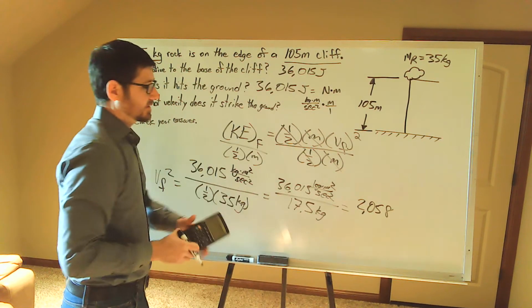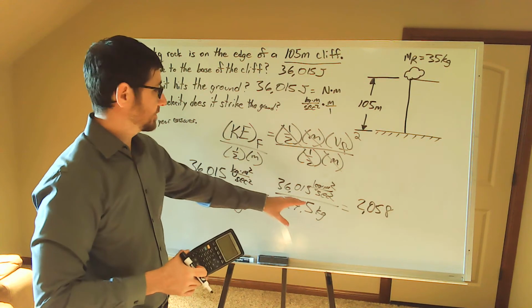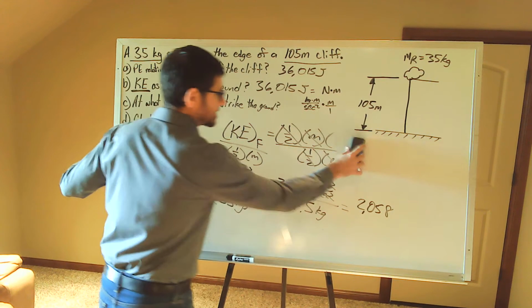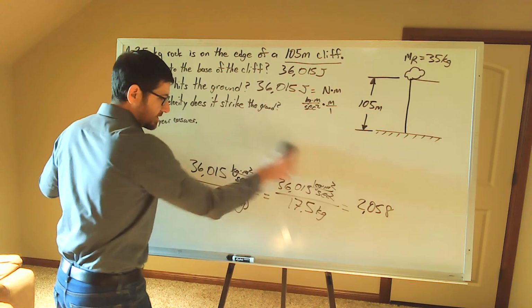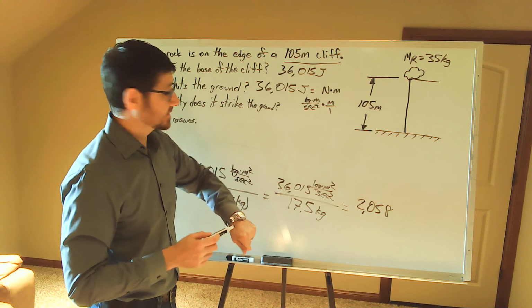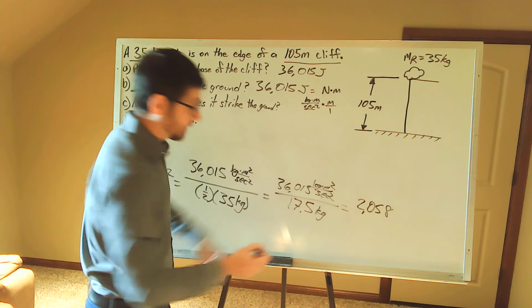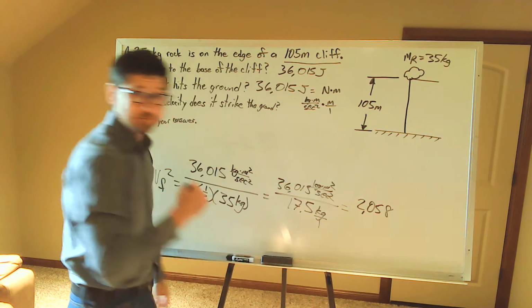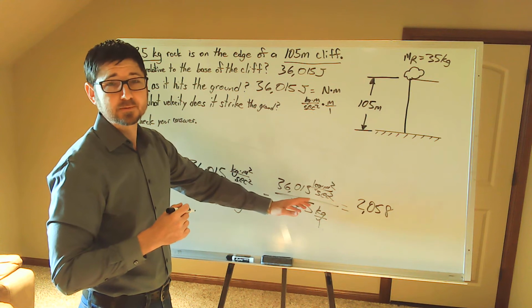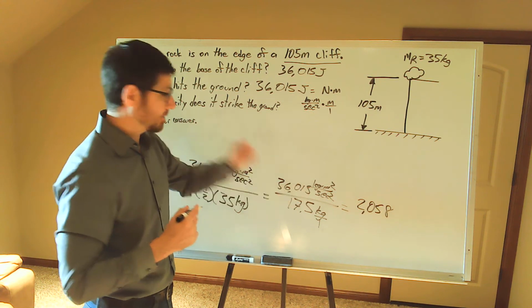Okay? So let's take a look at our unit value right now. So I'm going to erase to free up some room here. So we have kilogram meters squared per second squared divided by kilograms, and we can say kilograms over 1. Remember, whenever we divide fractions, it's like multiplying by the inverse of the denominator.